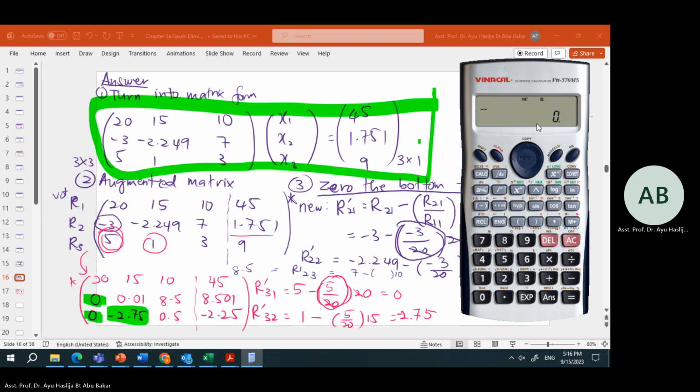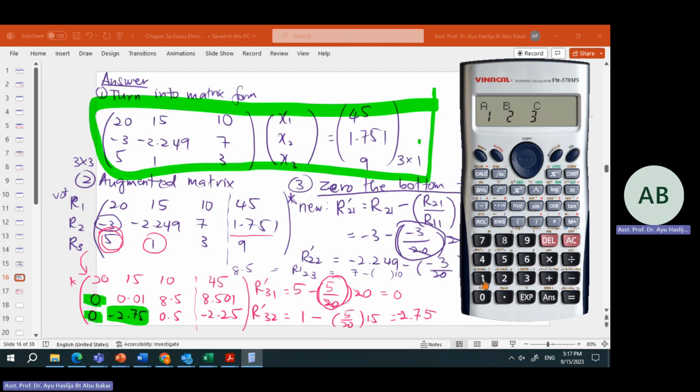Then to set up the matrix, Shift 4. Now because we are creating the matrix first, we need to press 1 for the dimension to set up the input.